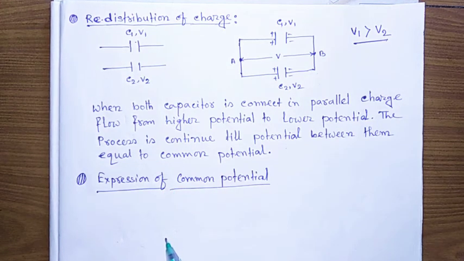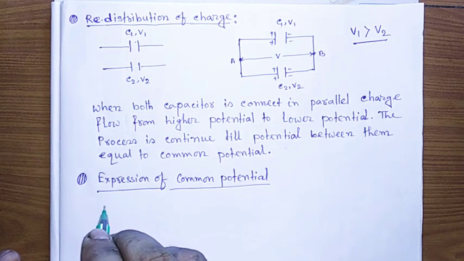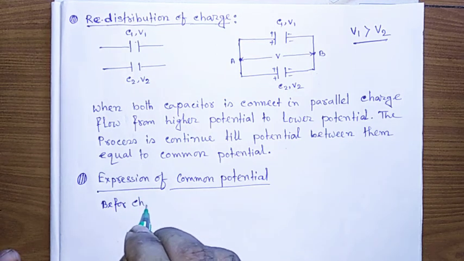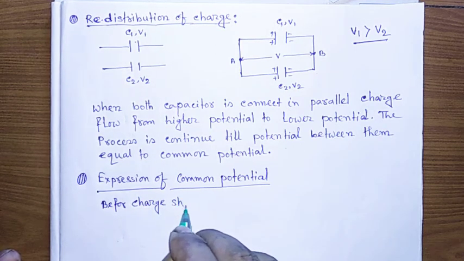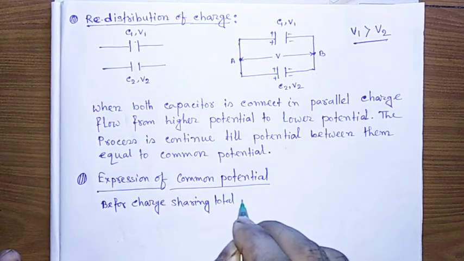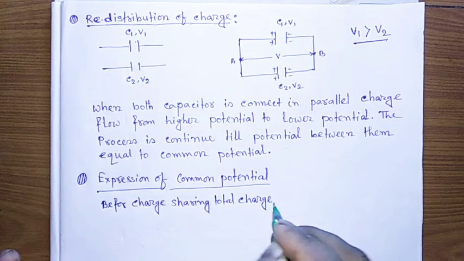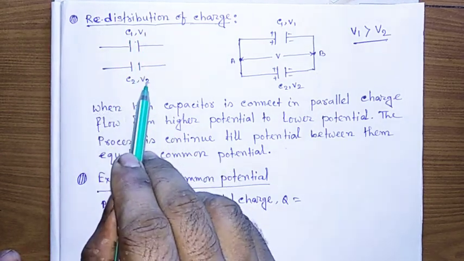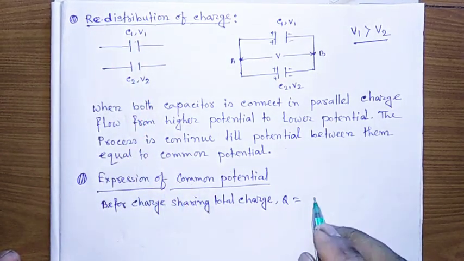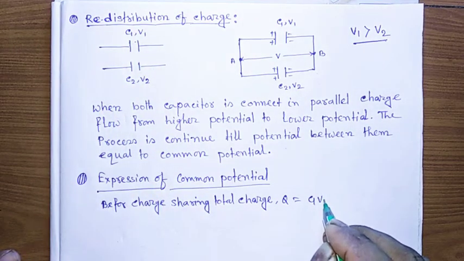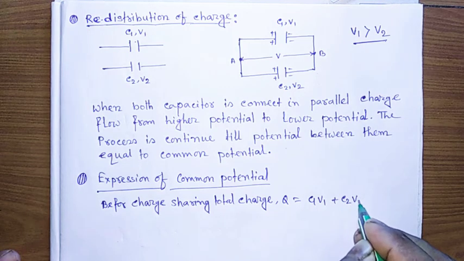We know the property of charge is that charge is conserved. So before charge sharing, total charge Q is equal to C1 V1 plus C2 V2. So the total charge for both capacitors was C1 V1 plus C2 V2.